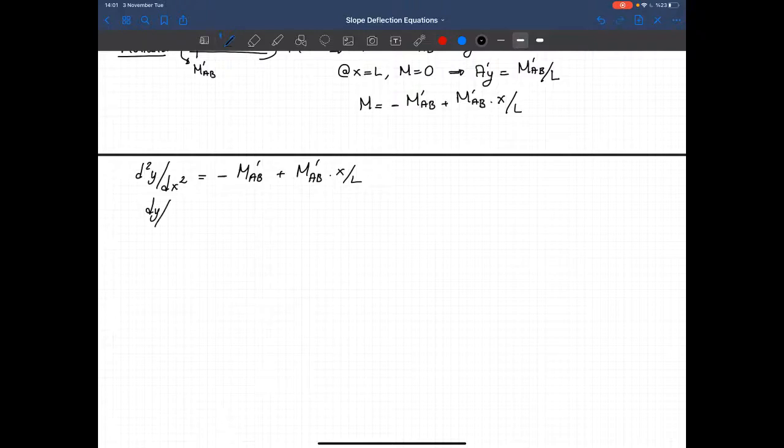Integrated one time, dy over dx is equal to minus MAB prime x. I should have EI here, I forgot to write EI, sorry.